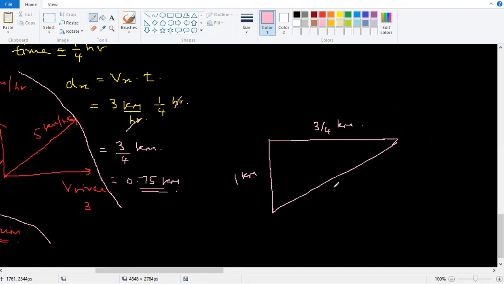So if you do the math here, we'll be getting the distance here as... Actually, 5 can't come, sir. It is actually kilometer per hour and it is not kilometers. So what I'm trying to do is wrong, sir.